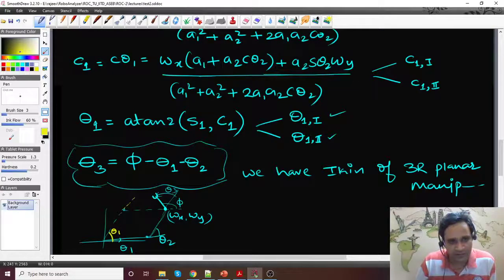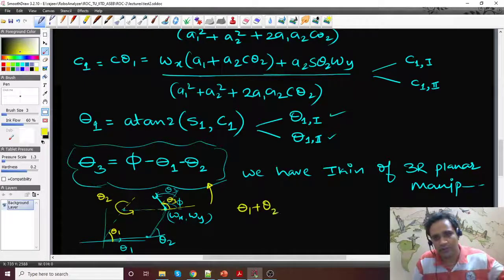Please remember, we have to extend the previous link, then only we'll get theta 2 for the second link, and we have to extend this link maybe somewhere like that, and with respect to that we'll have theta 3. If you remember, these angles will still satisfy the equation theta 1 plus theta 2 plus theta 3 is equal to phi.